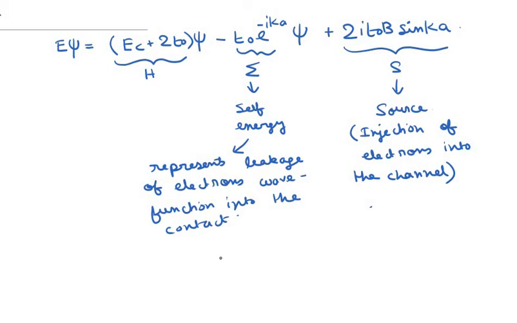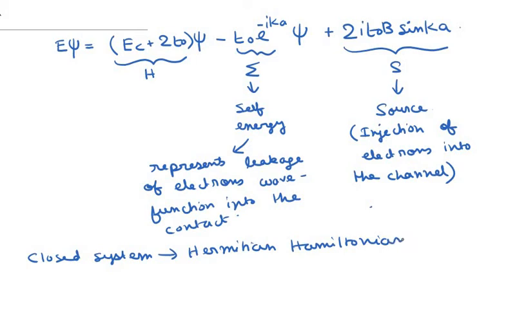Earlier we considered a closed system where we have the Hamiltonian to be Hermitian. Now this system is open. We are only writing the equation for this wave function psi, and psi can leak into the contact.